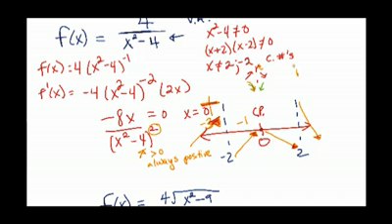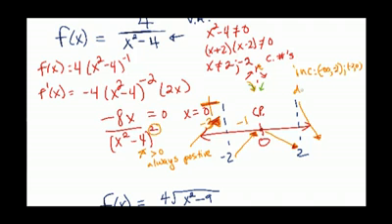Alright, so that's my general trend that I have. So if I were asked for increasing and decreasing interval notation, it's increasing from negative infinity to negative 2, always a parentheses with negative infinity. Negative 2 gets a parentheses because it's an asymptote. And also from negative 2 to 0.